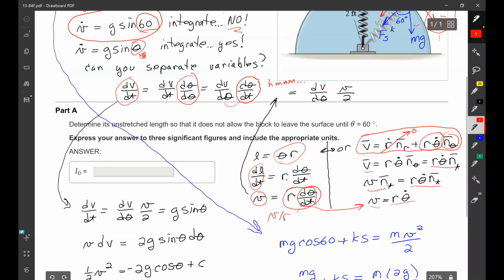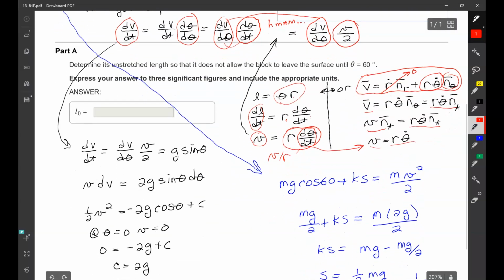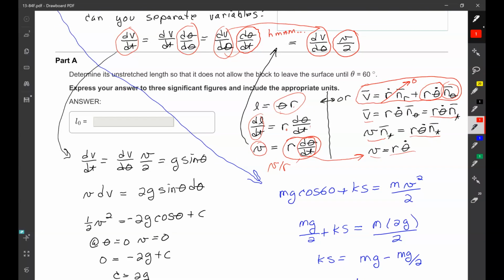So this would be dv d theta times d theta dt, v over r. This is a little bit more sophisticated, but I've just beat on it with a big stick until I get it the way I want. Now, can you separate these variables? Well, yes.